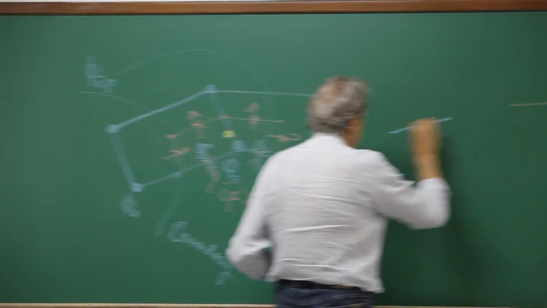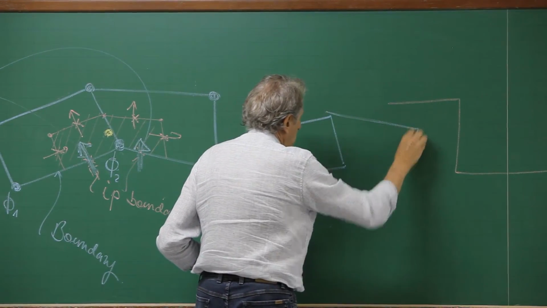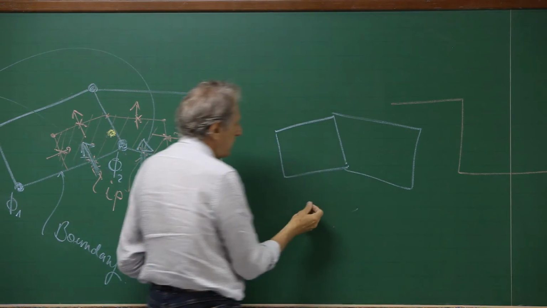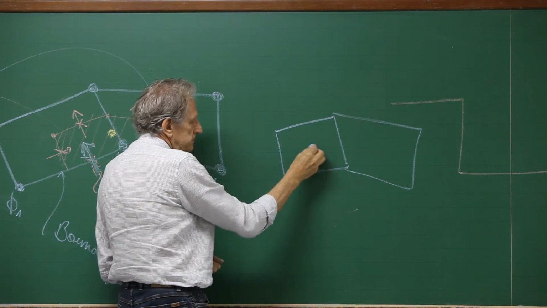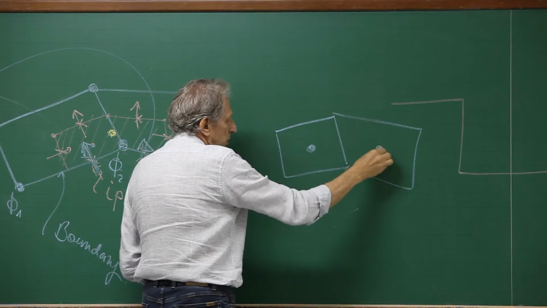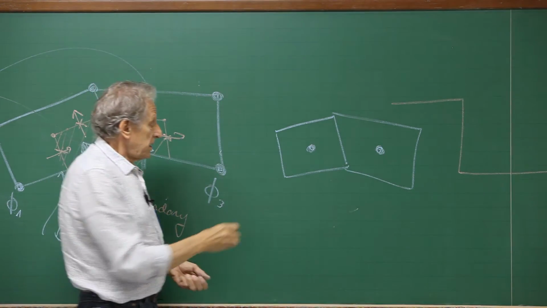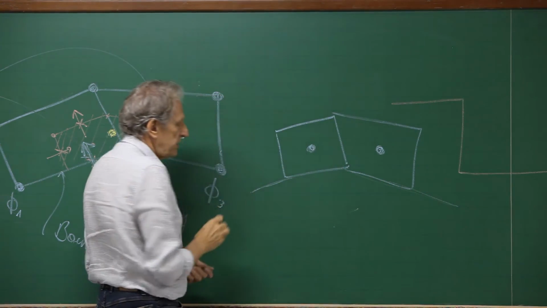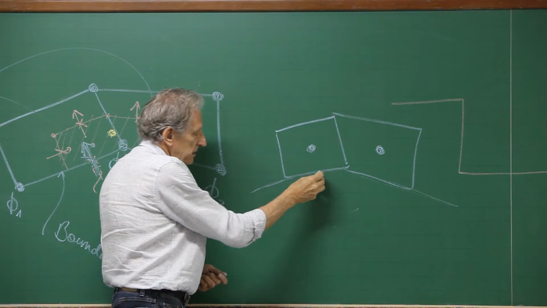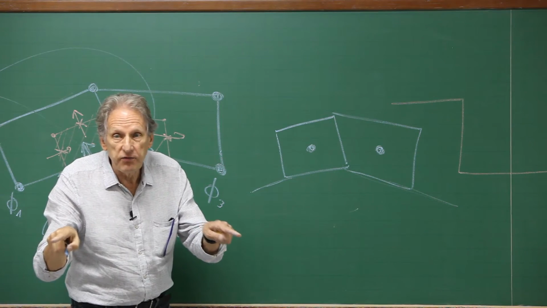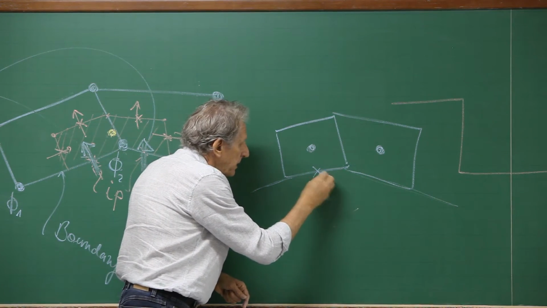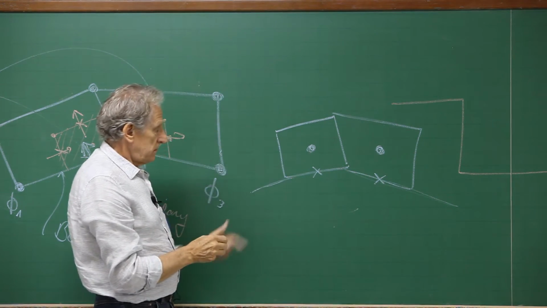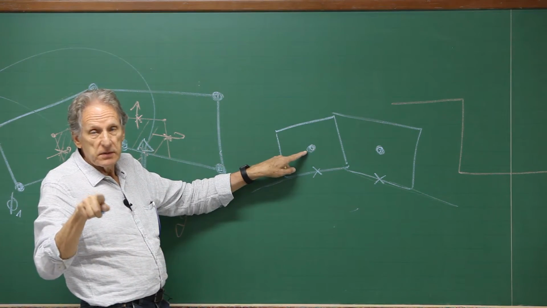Because if you have a cell center, your unknown is here. Your variable is here. If this is the boundary and you prescribe the value of phi, you know it here. This is in your linear system.